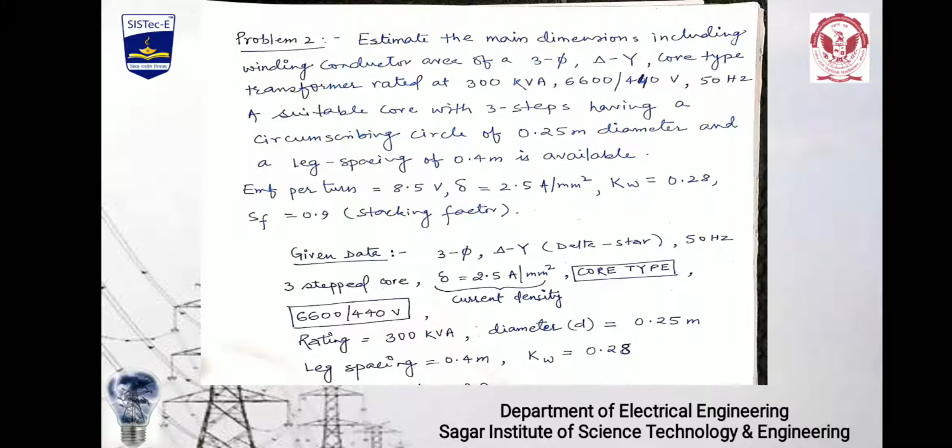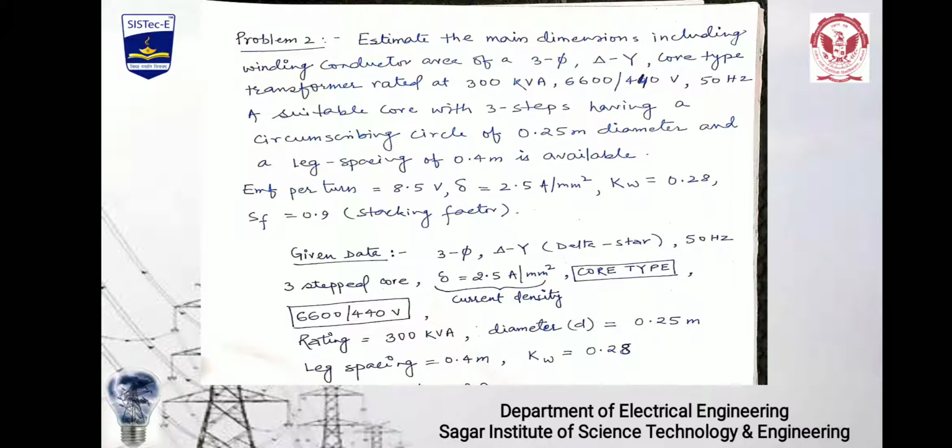A suitable core with 3 steps having a circumscribing circle of 0.25 meter diameter and a leg spacing of 0.4 meter is available. EMF per turn is equal to 8.5 volt, delta is equal to 2.5 ampere per mm square, Kw is equal to 0.28, SF, which is stacking factor, is 0.9.